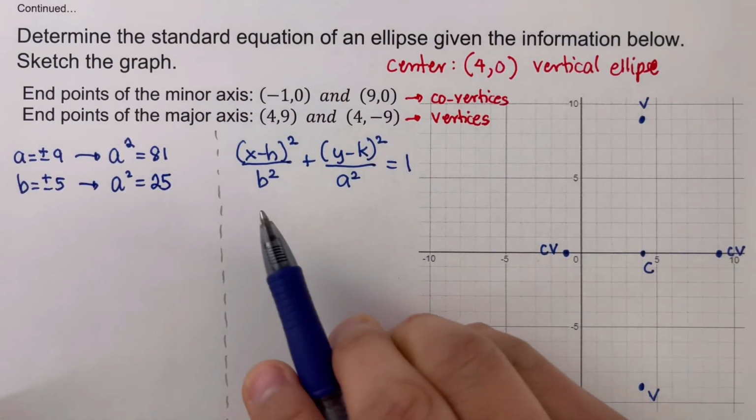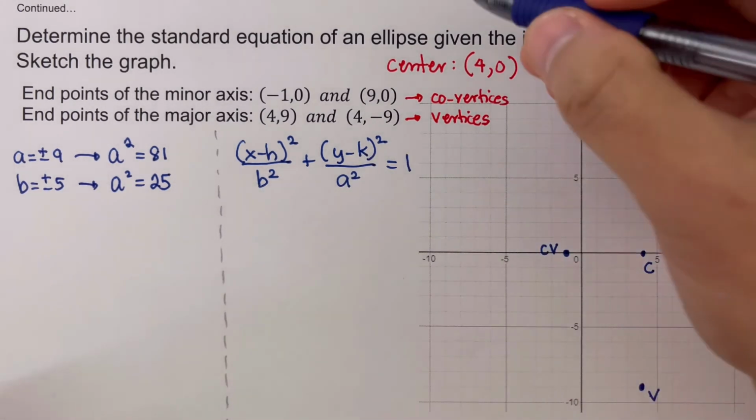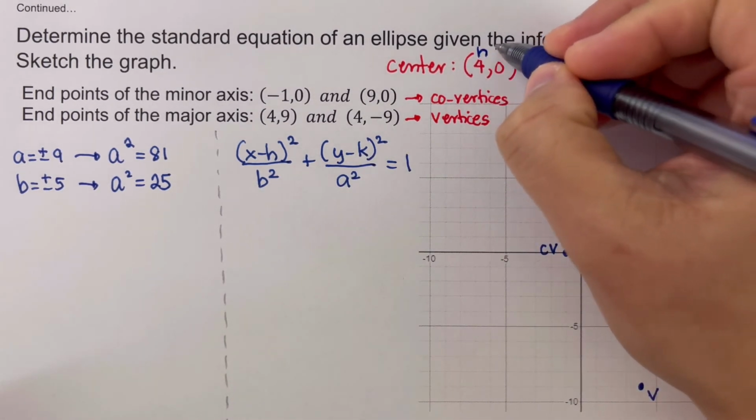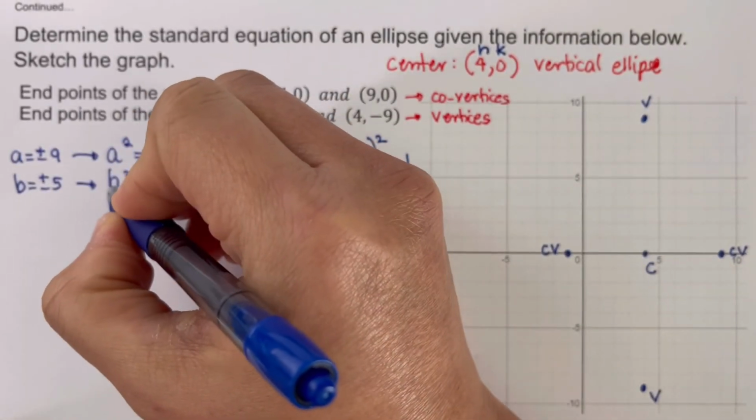So we are going to plug in the values of h, k, a, and b. Remember, (h, k) is the center, and we already have a squared and b squared here.